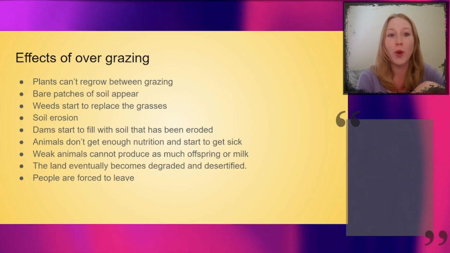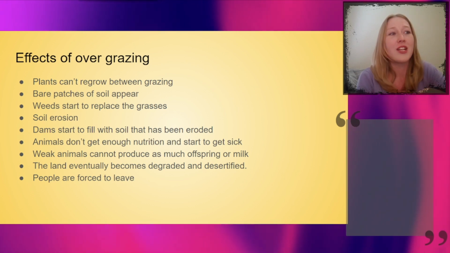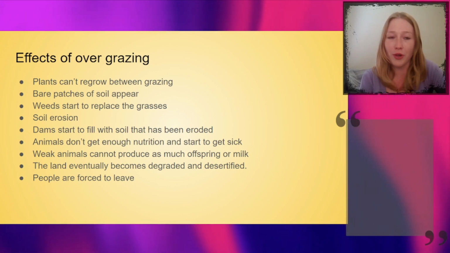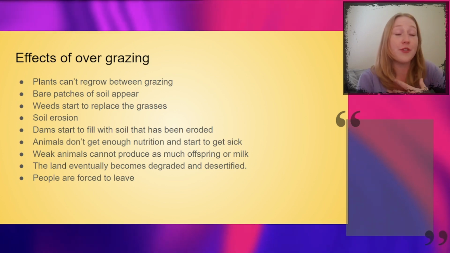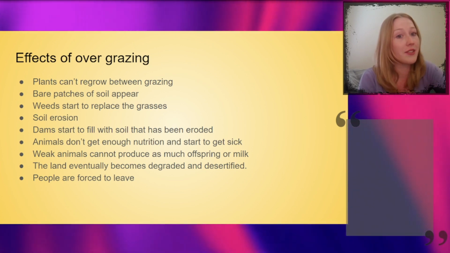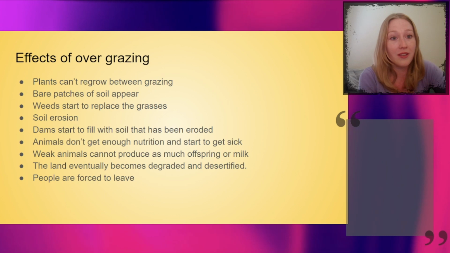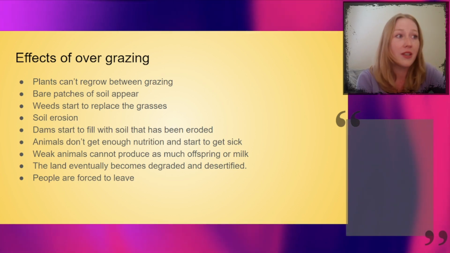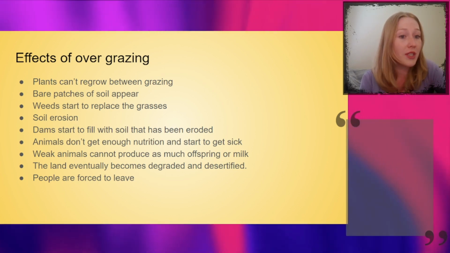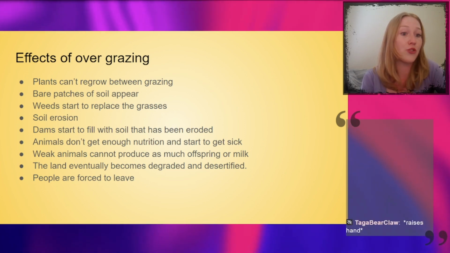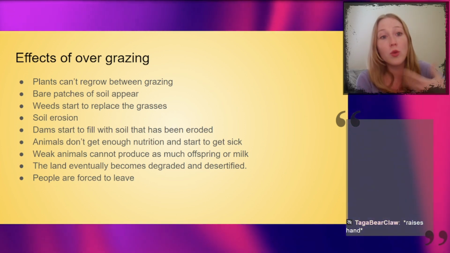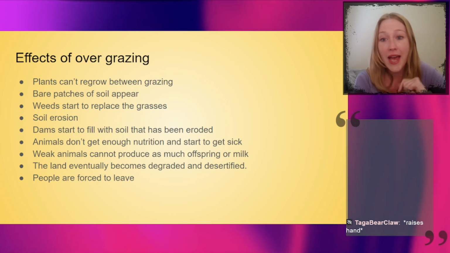Okay, so why it's a problem. The plants don't get a chance to regrow. Patches are left bare. Maybe you get other types of plants like weeds or whatever else that you don't want growing there. The soil will erode, and that soil ends up in places where you don't want it, like maybe in your water systems, in the rivers, in the dams.